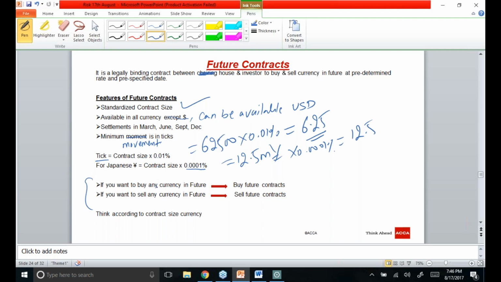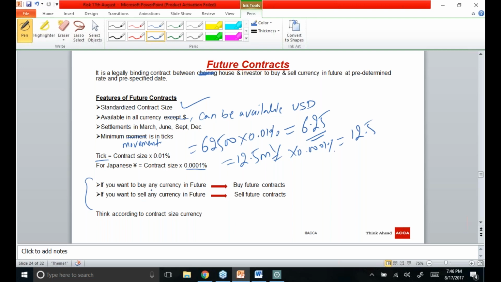Let's suppose you are going to buy pound in future, then you will have to buy pound future. Buy pound future doesn't mean you have bought something. It means you have entered into a contract that after 3 months you will buy pound at this specified rate.